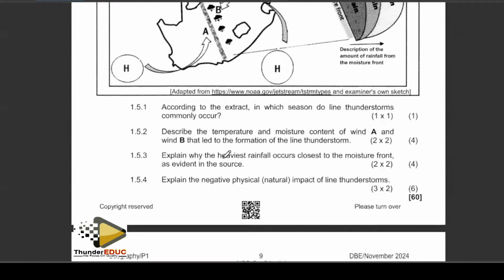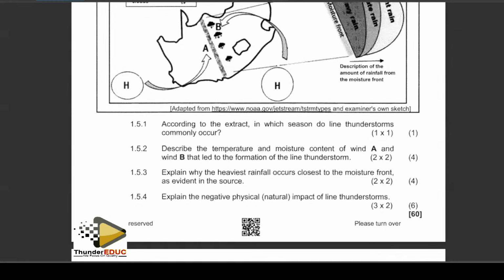It's summer. Describe the temperature and moisture content of wind A and wind B that led to the formation of the line thunderstorms. We are worried about the temperature, so be articulate to the question and answer the question. Right. The first thing is you need to address the temperature, and the next thing you need to address the moisture content. So, in terms of temperature, an air can be cold or warm.